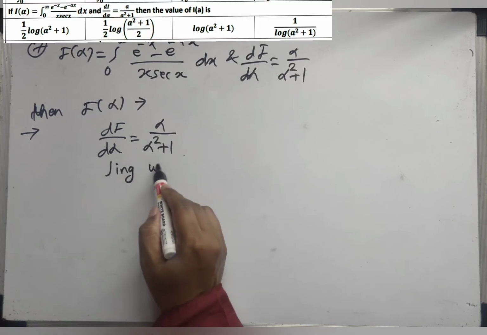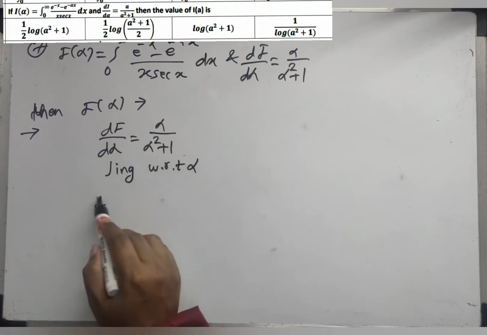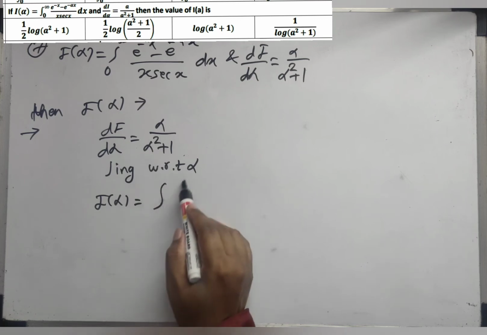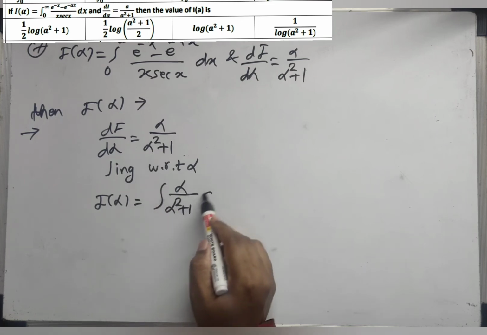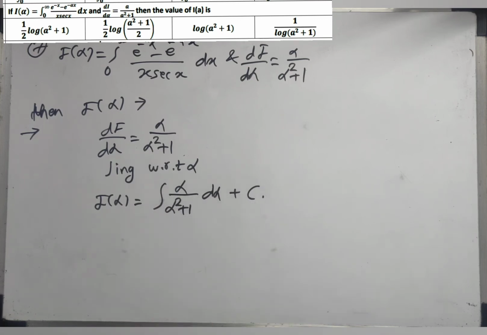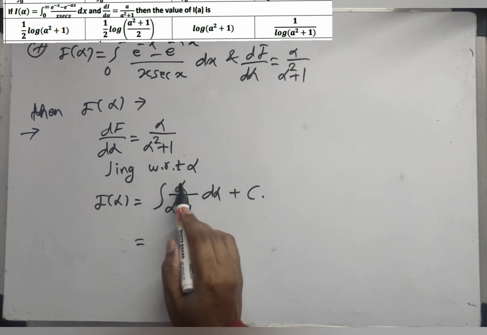Take integration with respect to alpha. So I of alpha is equal to integration alpha upon alpha square plus 1 d alpha plus constant of integration c. Now that 2 you have to adjust because alpha square plus 1 derivative is 2 alpha.